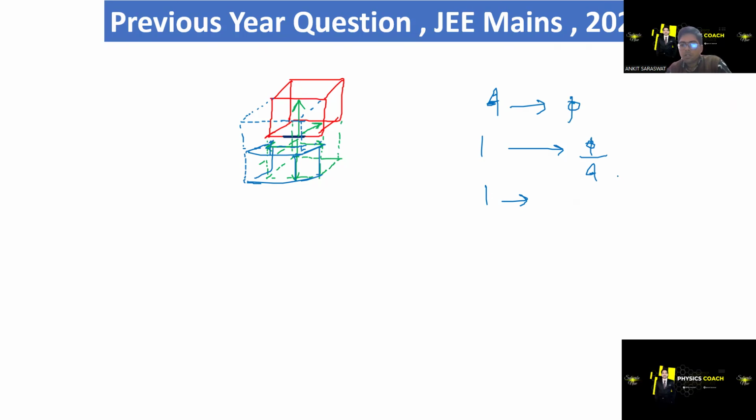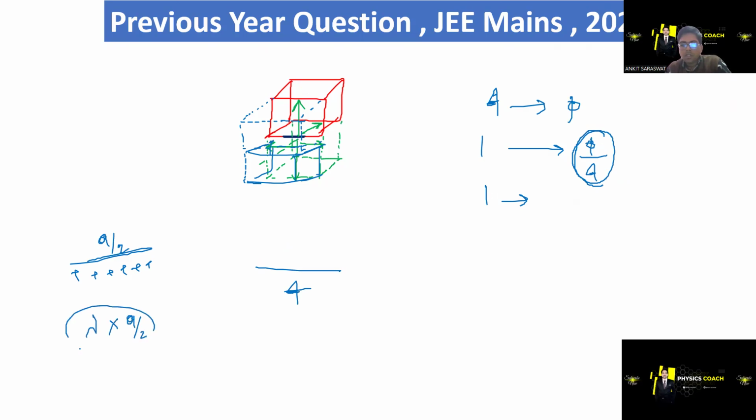This is the flux linked with a single cube. Understood? Phi is the total flux, and total flux is Q inside divided by epsilon naught. Linear charge density is given as lambda and its length is A by 2, so lambda multiplied by A by 2 is the charge inside the closed surface.